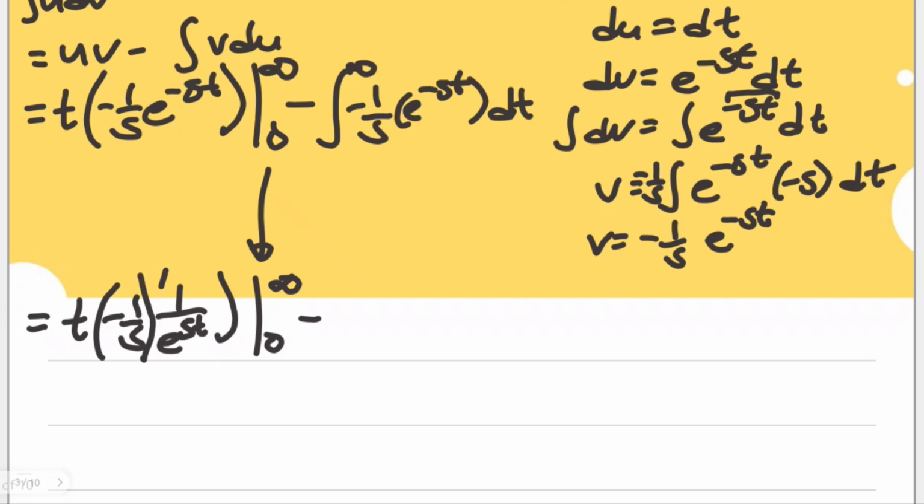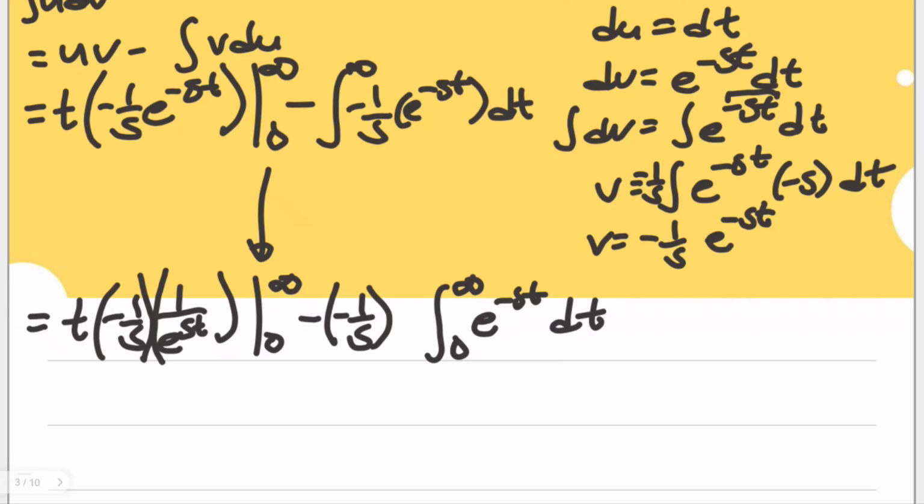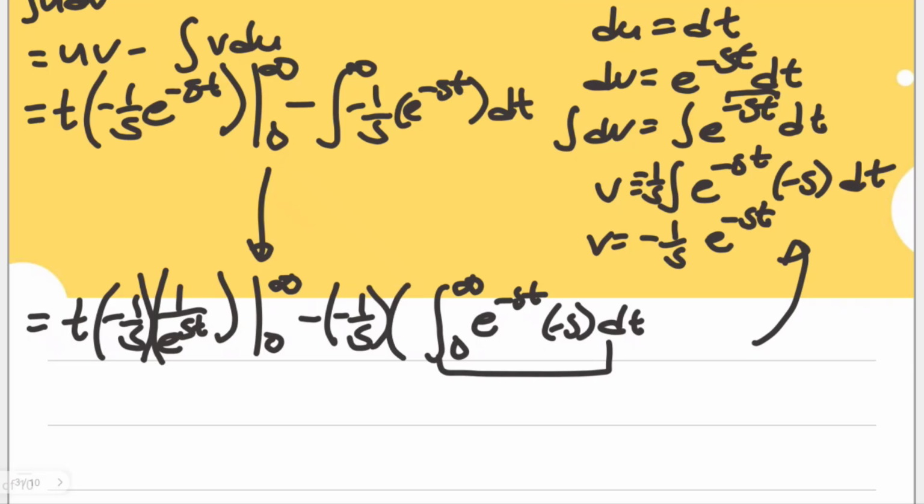And for the second term, where we are taking out negative 1 over s, you will have here 0 to infinity, e to the power of negative st dt. But for this to be integrated similar to this, we actually need the arbitrary constant negative s to our dt, which will again be neutralized by negative 1 over s outside.